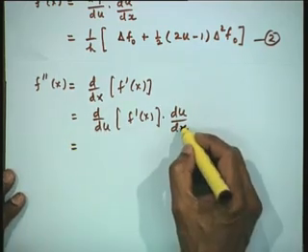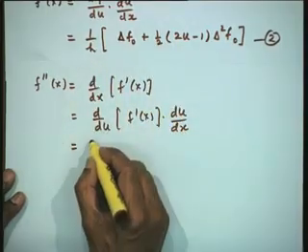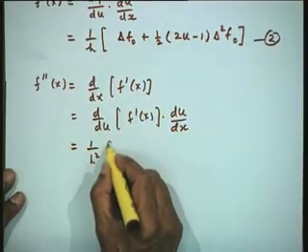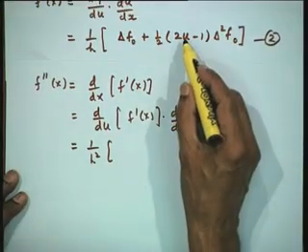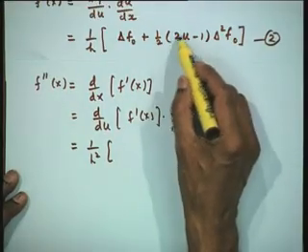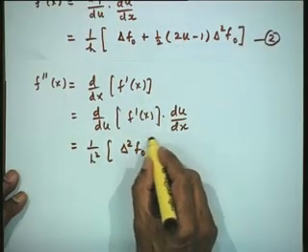Now, du by dx is 1 upon h, there is already a 1 upon h here. So, I will have 1 upon h square. Now, I am differentiating with respect to u, therefore, I will get here 1. So, simply I will get delta squared f naught.